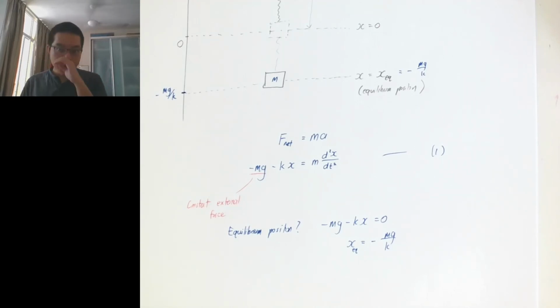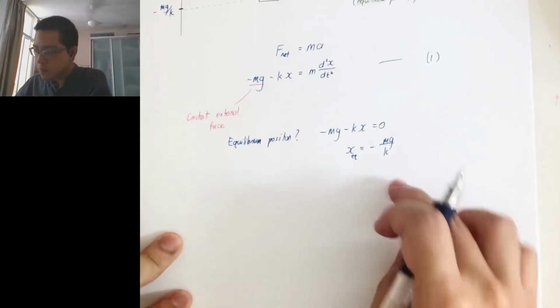So now we start to do oscillation. I have a hanging spring, so it's going to be slightly longer than the natural length, and then if I disturb the spring a little bit, it will start to vibrate. What is the frequency of oscillation? This is what happens when the spring is disturbed.